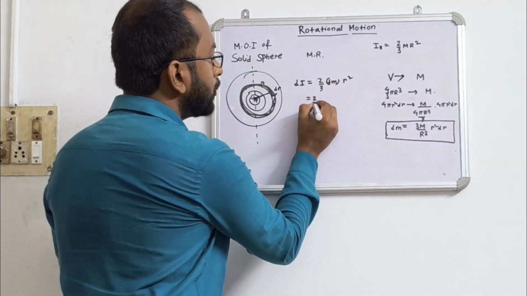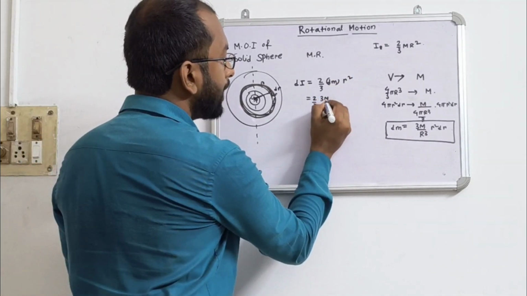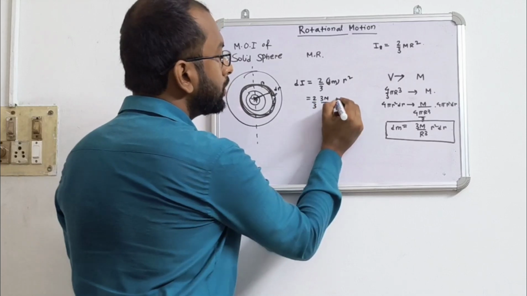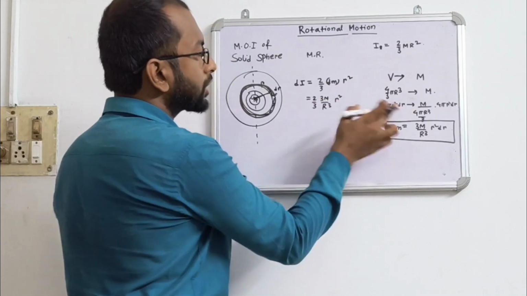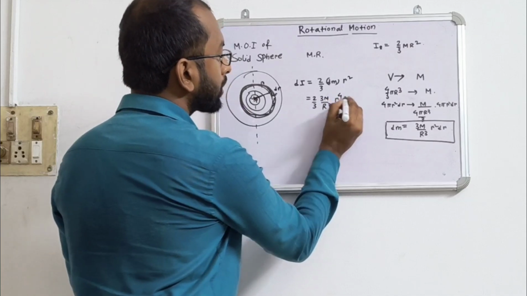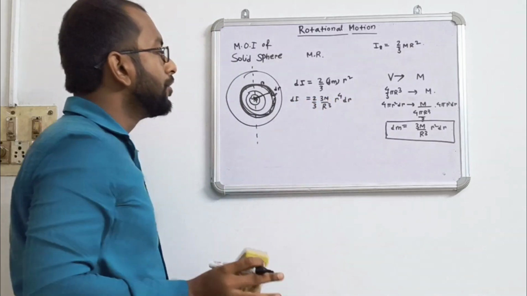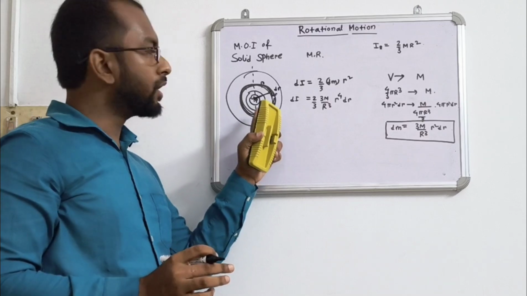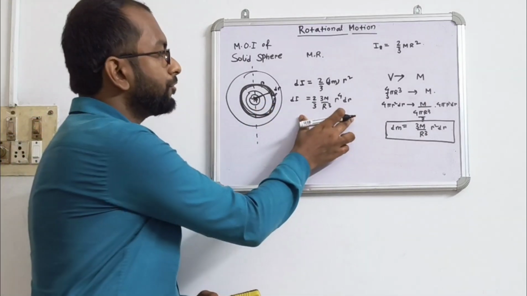We can put the value of dm from here, that is 3m by R cube, r square dr, into r square multiplied, that will become r to the power 4 into dr. Now that is for the differential hollow sphere, that is the small moment of inertia.